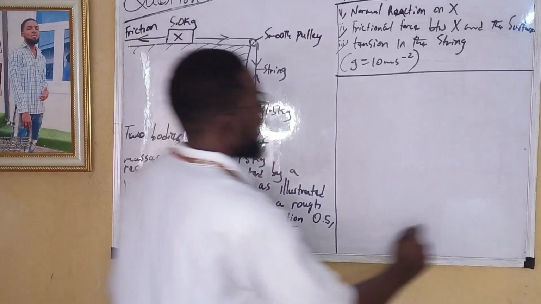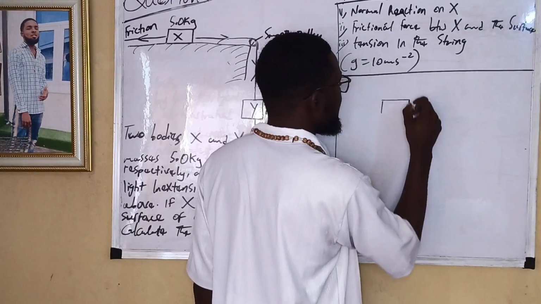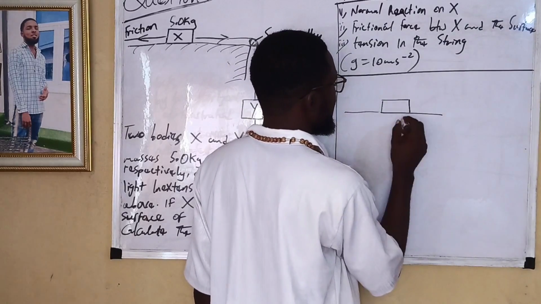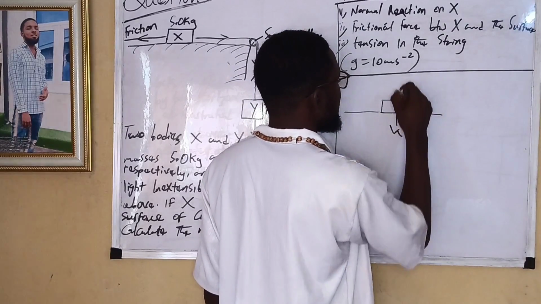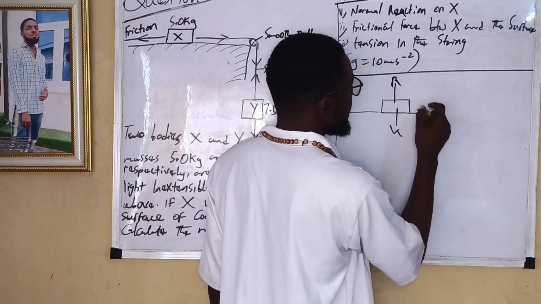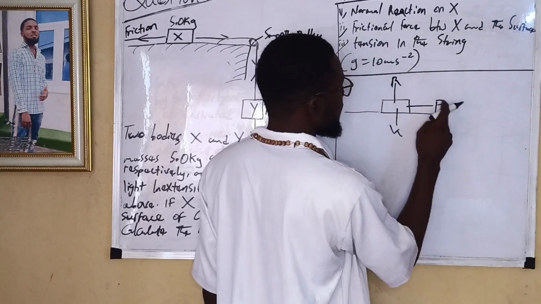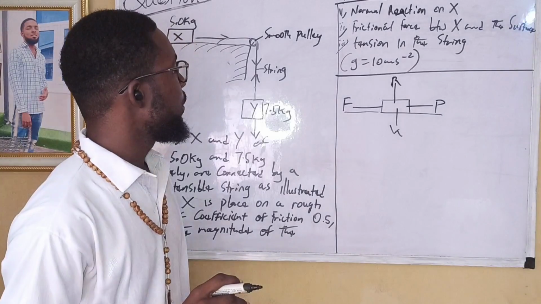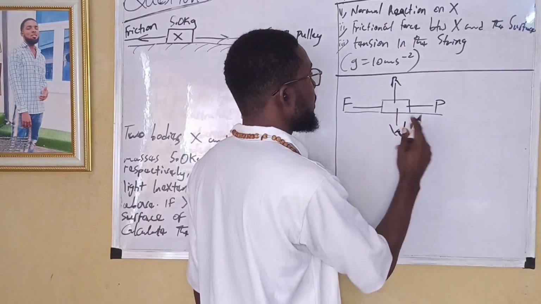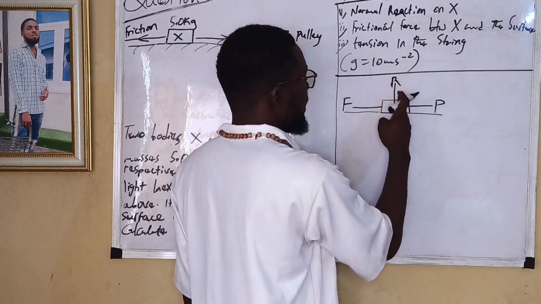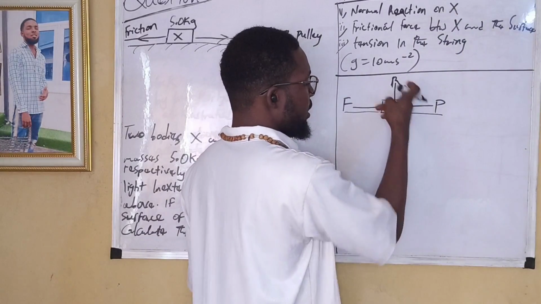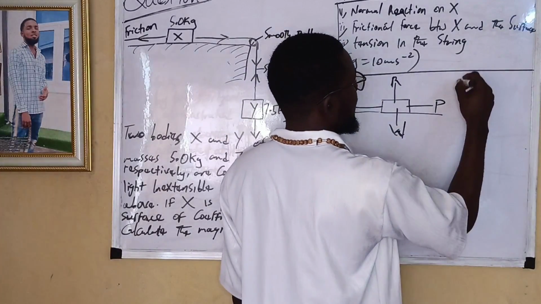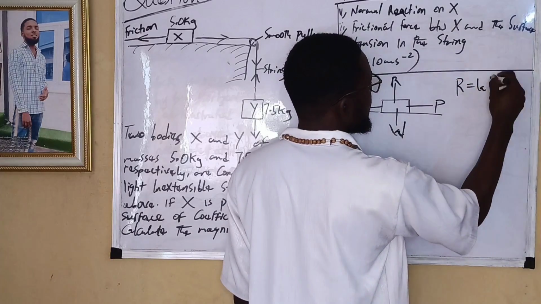Okay, remember our diagram when we talked about friction. Now this is X. This is the weight, this is the reaction, this is the force tending to cause motion, and this is the frictional force. We are looking for the normal reaction on X. The normal reaction on X is equal to the weight.